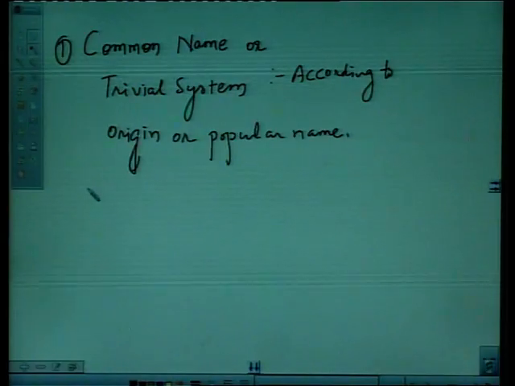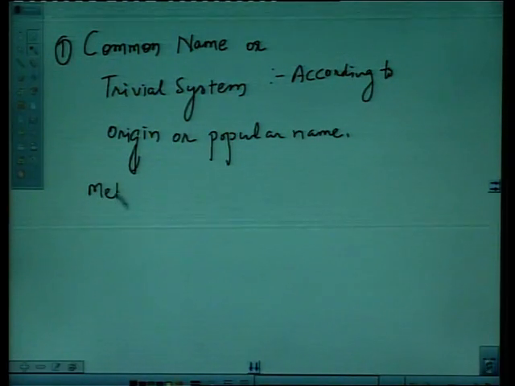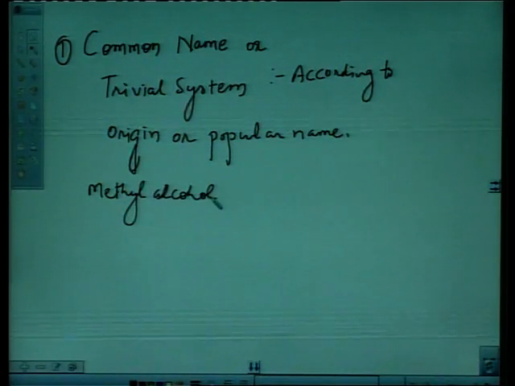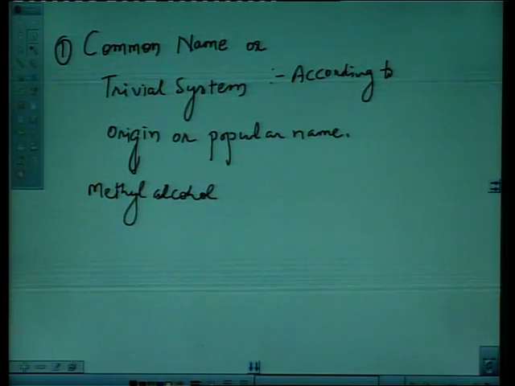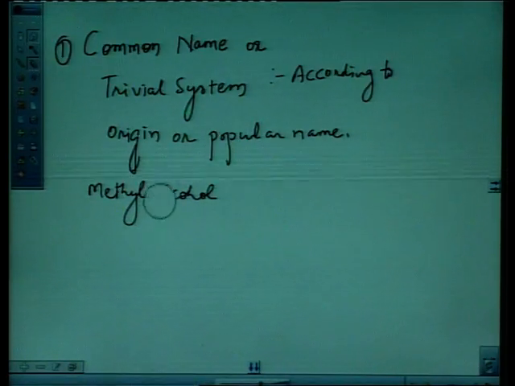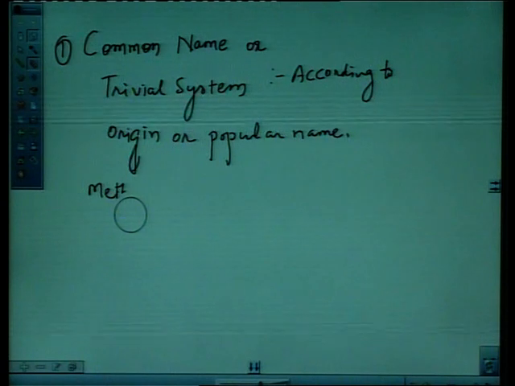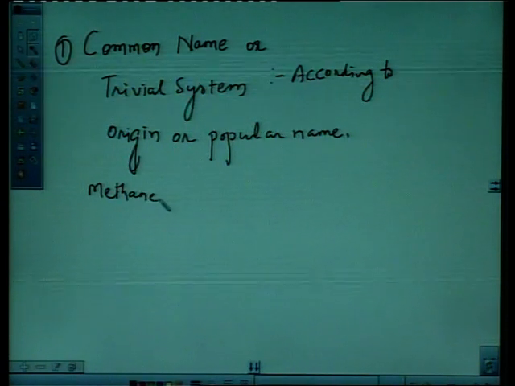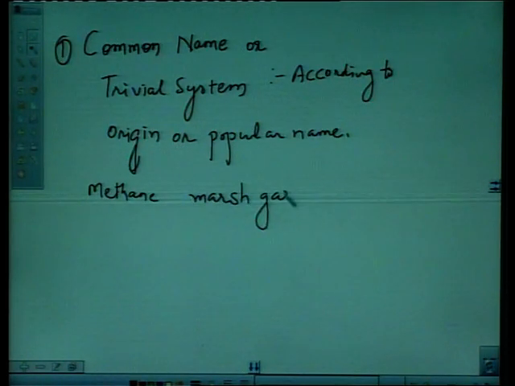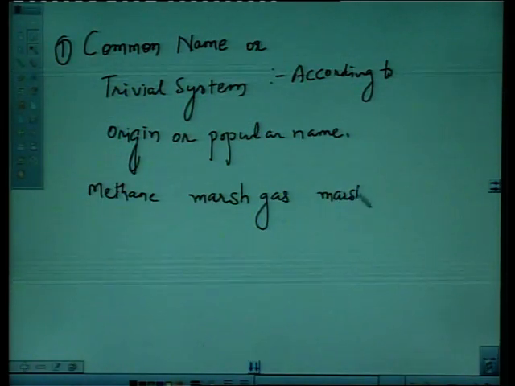For example, methane is also called marsh gas, as it is obtained from marshy places.